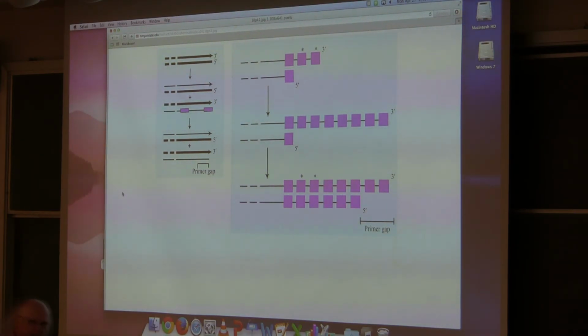What is a telomere? I'm going to define it for you. A telomere is a sequence at the end, or at each end, of a linear eukaryotic chromosome. And it consists of thousands and thousands of repeats of the same sequence, over and over. That sequence is about 7 to 10 base pairs long.